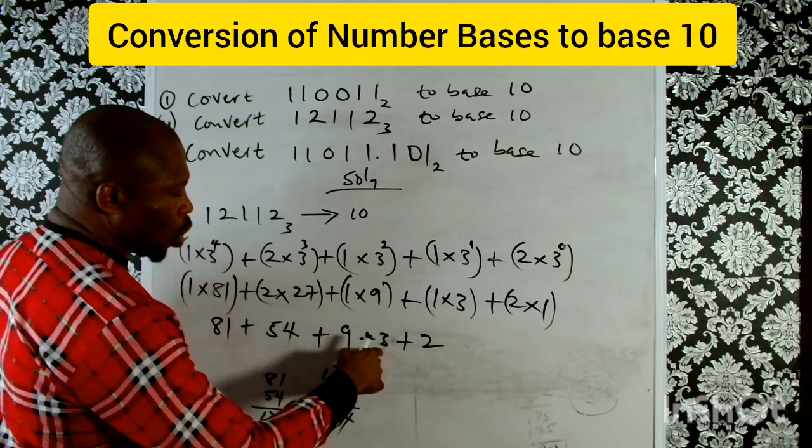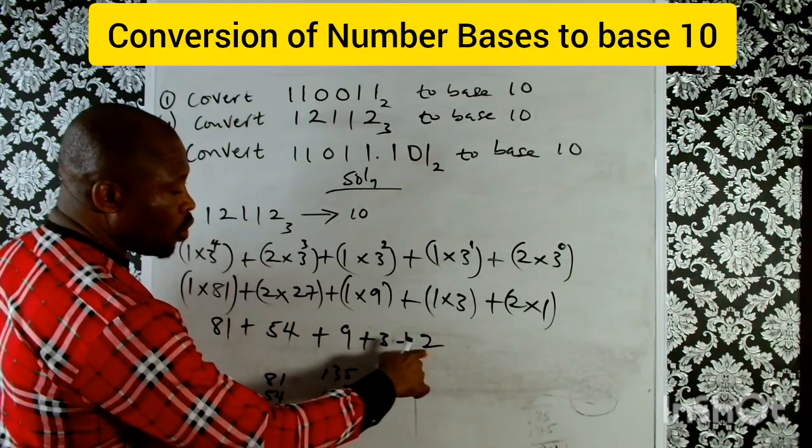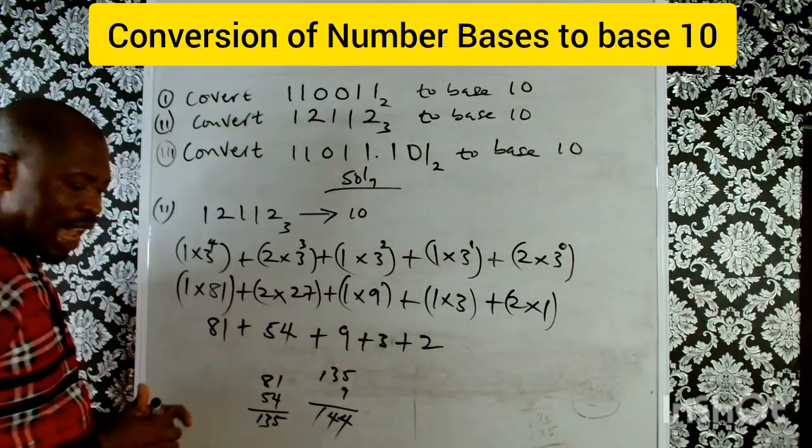Now 144 plus 3 will give us 147, 148, 149.